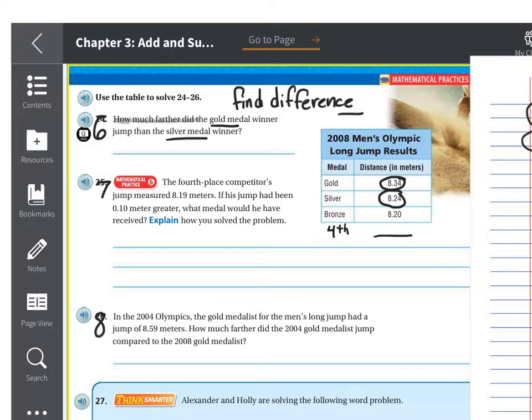So let's say that his jump measured 8.19. If he had jumped 0.10 meter greater, that means it would have been 0.10 more, so that's this plus this.